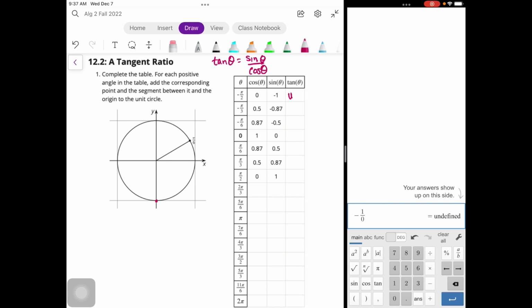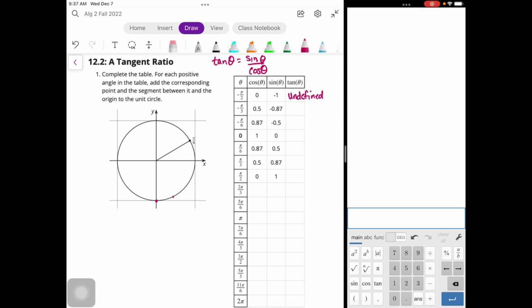So we're going to write undefined. And for the rest of them, if there are more undefined, we'll just put UND. So that one is undefined because you can't divide by 0. All right. The next one is negative pi over 3.